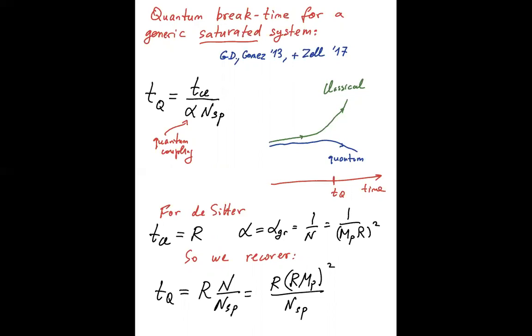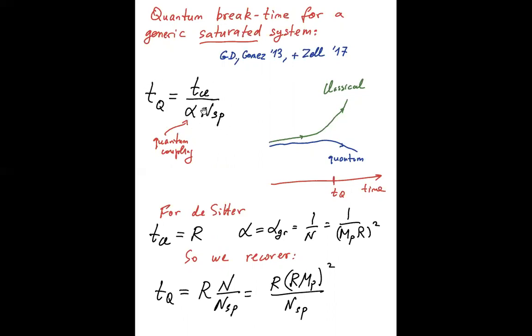What is special about saturated systems is that they fully quantum break. In other words, after time t_Q given by this general formula, and this is an extremely important formula, one of the most important formulas in this talk.